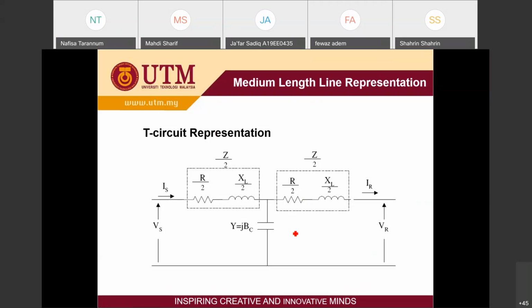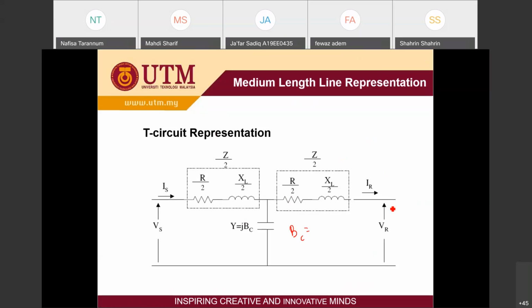So what is BC? I want you to find out what is BC. It is actually the admittance. And then this is the impedance divided by 2. This must all be in phase values.